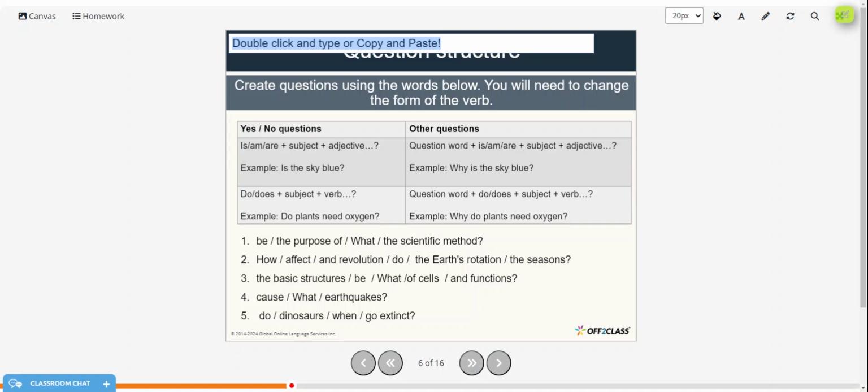All right, so number one, what is the purpose of the scientific method? Number two, how does the Earth's rotation and revolution affect the seasons?